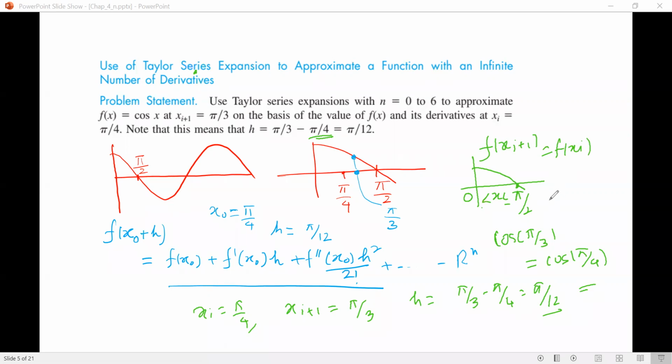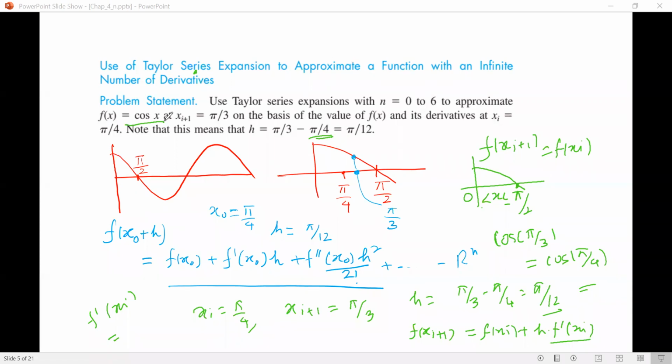Similarly, if you add your second term, then it will be your first order approximation, and that f of xi plus 1 would be equal to f of xi plus h into f prime of xi. What is in your case? What is your f prime of xi? Your function is cosine x.